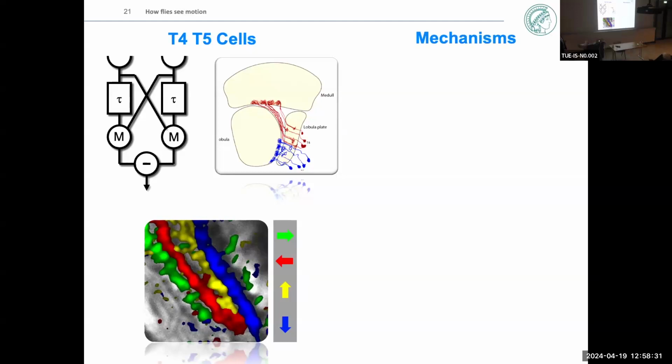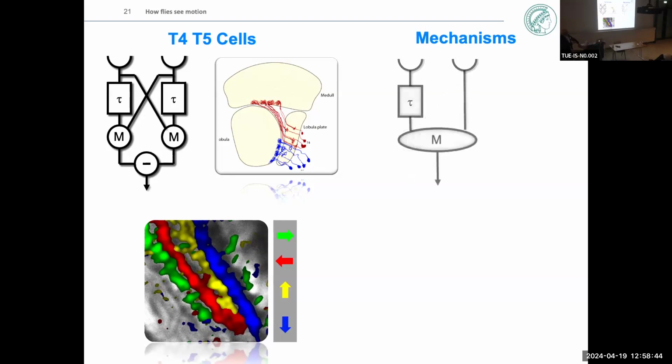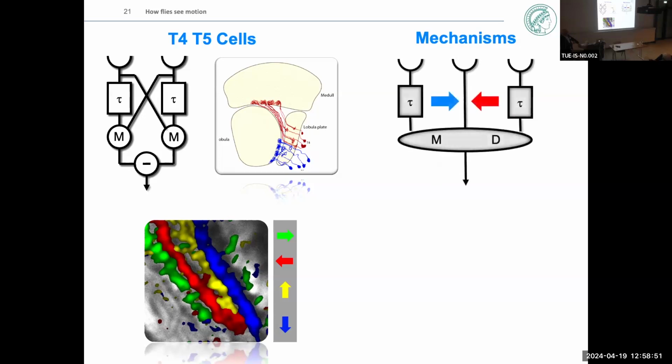And about the mechanism, if we compare it with the original model and concentrate on the subunit here, it's not just 2 inputs that are provided, but 3 spatially distinct inputs and a combined action of preferred direction enhancement and null direction suppression.